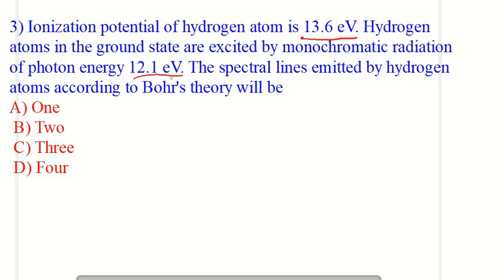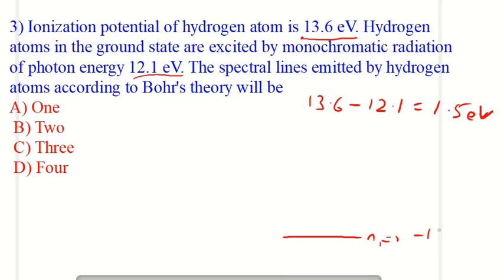To which orbit can it get excited? First of all, we see the difference between the two energies, that is 13.6 minus 12.1, which is around 1.5 electron volt. Then for a hydrogen atom, when n equal to 1, the energy possessed is minus 13.6 divided by 1 square, which is minus 13.6 itself.